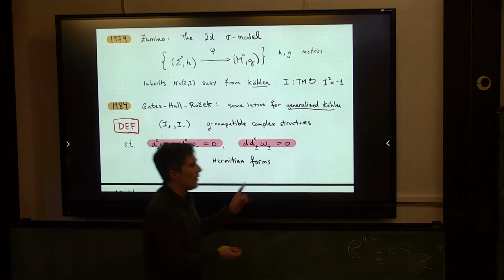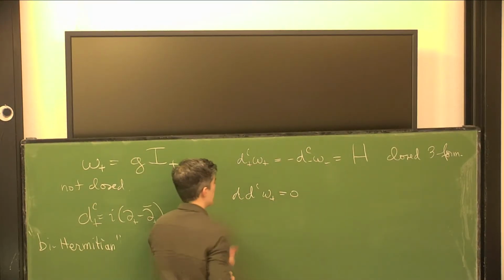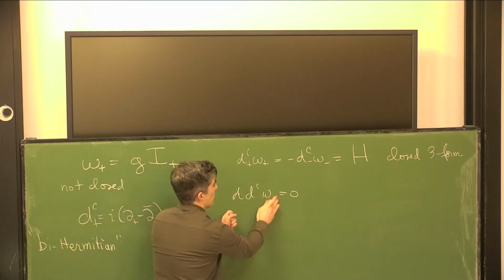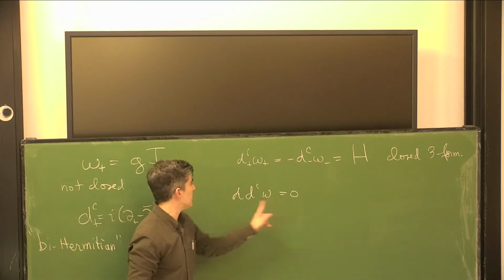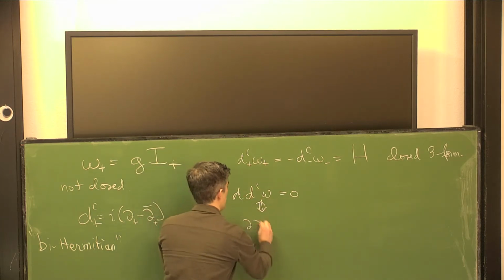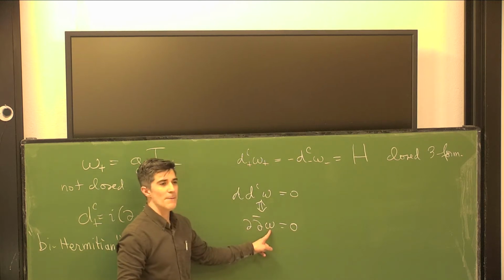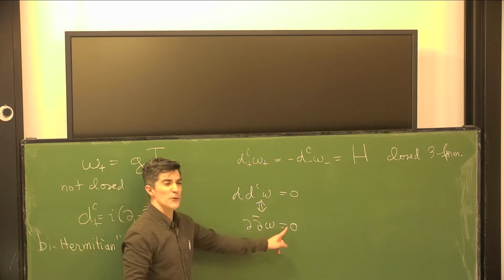Let's say we focus on omega plus. So ddc omega plus is equal to 0. So if we have a form like this, this is another way of saying dd bar omega is equal to 0. So we have a 1-1 form, which is dd bar closed.